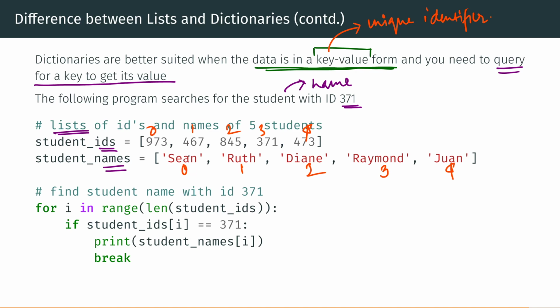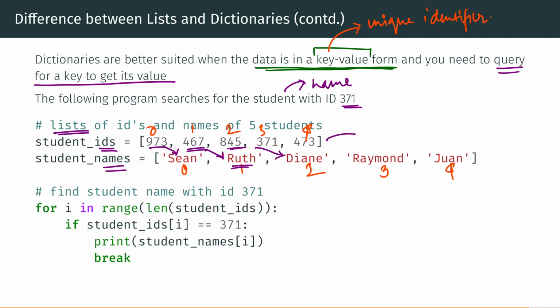The second student, I don't know how these students are ordered, I'm just saying first, second, but essentially it has the ID 467 and the name Ruth. So this is a correspondence, the matching. Student with ID 973 is called Sean. Student with ID 467 is called Ruth. Student with ID 845 is called Diane.